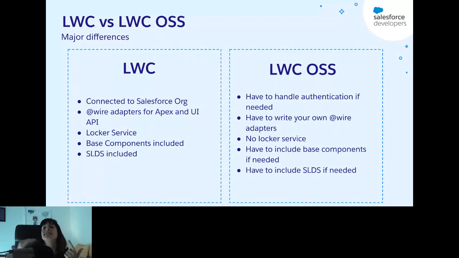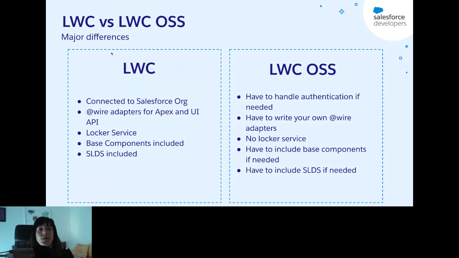Locker Service is a security layer that is going to prevent you from doing some stuff on the platform for security. But if you are using Lightning Web Components outside of the platform, it's your domain, so we don't run Locker Service, and we let you do whatever you want to do with your code and your data, right?